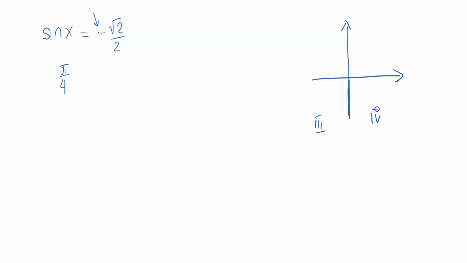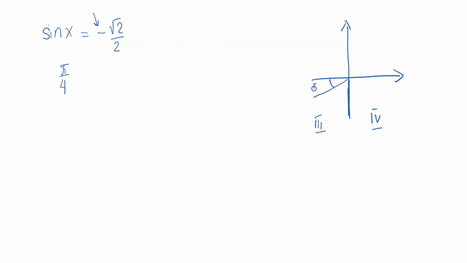So here's what we found. Sine x is equal negative radical 2 over 2. The reference angle x is equal to pi over 4. Let's solve it in radians. I'm drawing a coordinate plane to help us see where the sine is negative. Well, the sine is negative when y-axis is negative. Therefore, in the third quadrant and fourth quadrant.